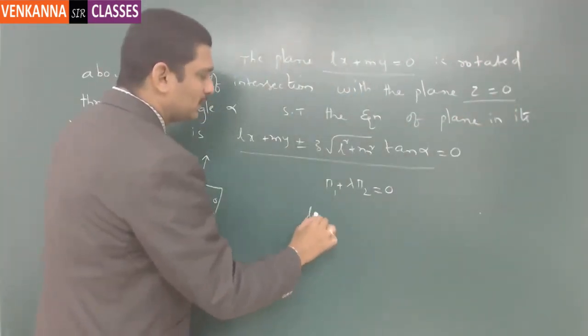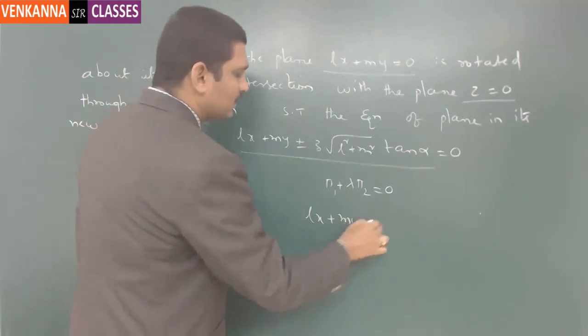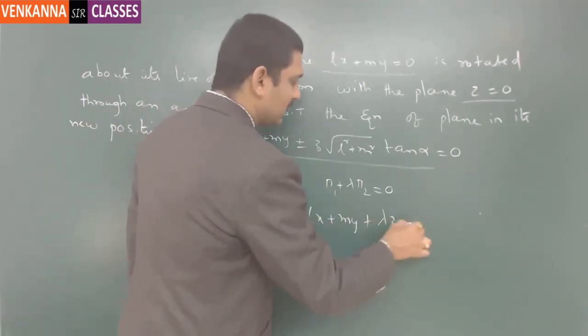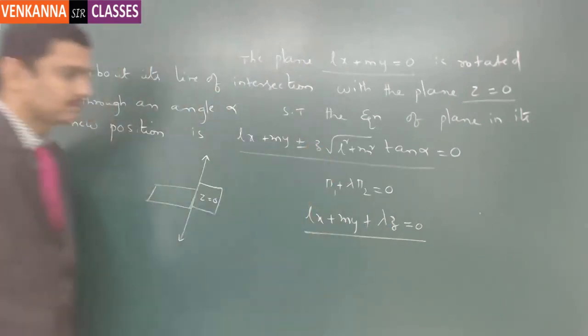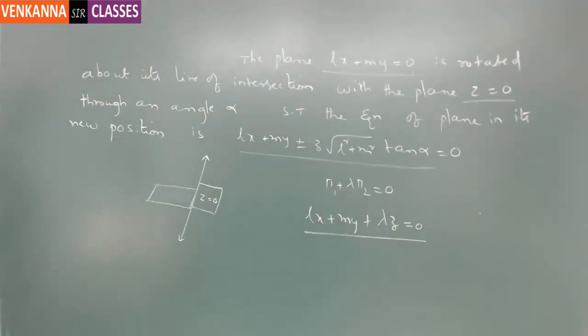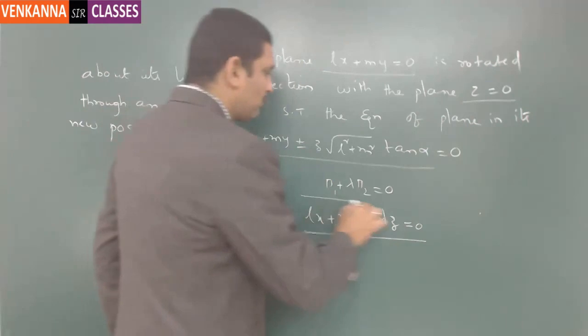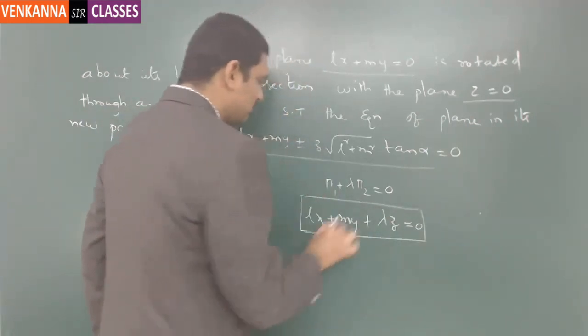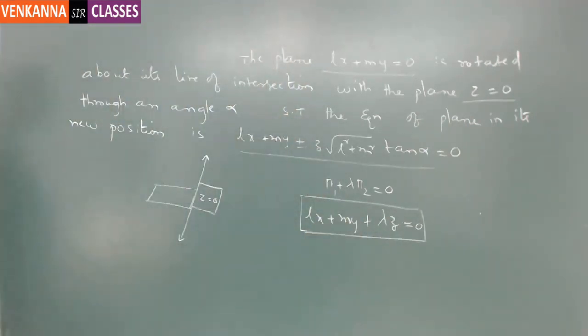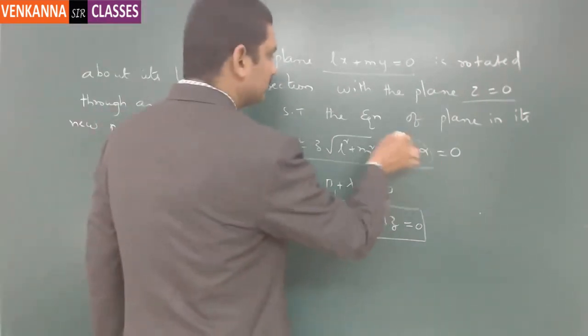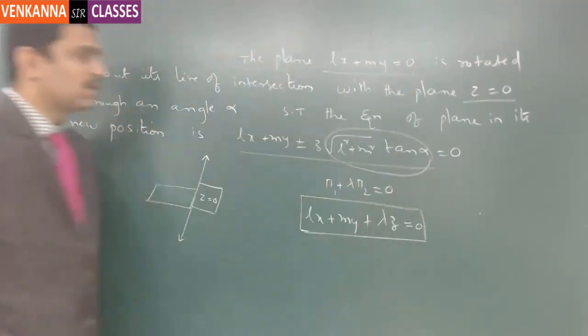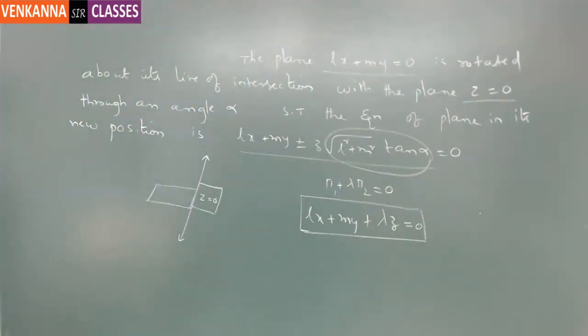So if you apply, Lx plus my plus lambda z equal to 0. If you can calculate the value of lambda on substituting this, you will get the required plane equation. Obviously, if you observe the solution of the question, lambda value should be square root of L square plus m square into tan alpha. Can you compare the two equations?